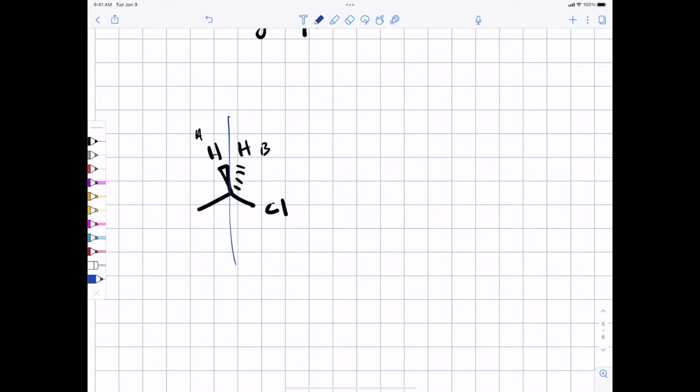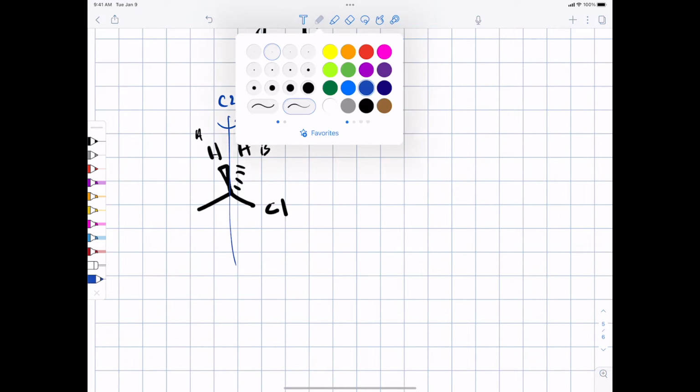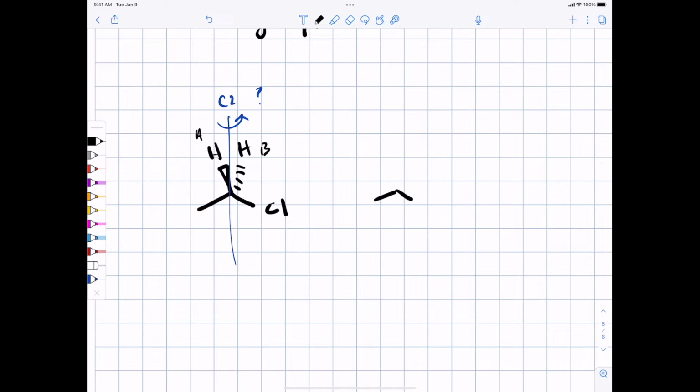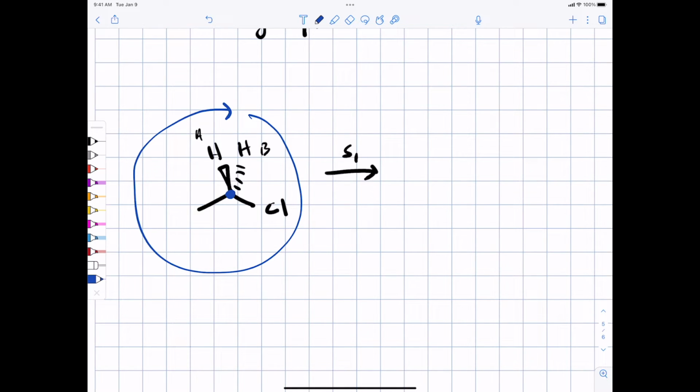Let's try to do a C2 axis here and rotate it, but when you do that, of course it's the same molecule, but notice that the coordinates are different. The XYZ coordinates are different. The chloro's in a different place. So those two hydrogens are not homotopic because you can't interchange them via a CN axis. However, you can interchange them via an S1 axis. That is, do a 360-degree rotation here to get the same thing, boring.